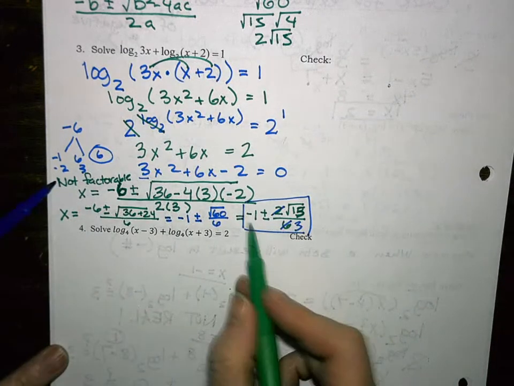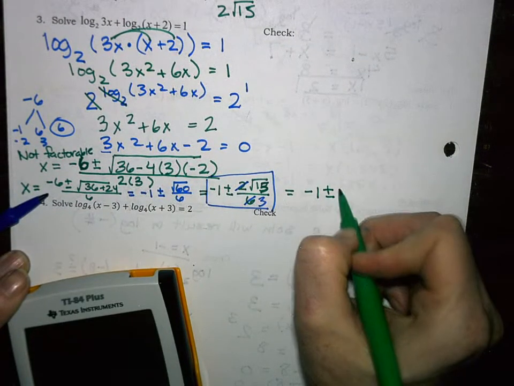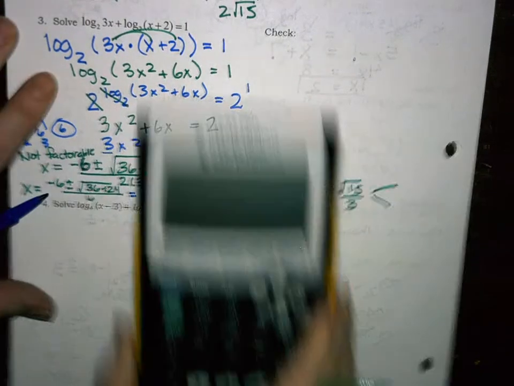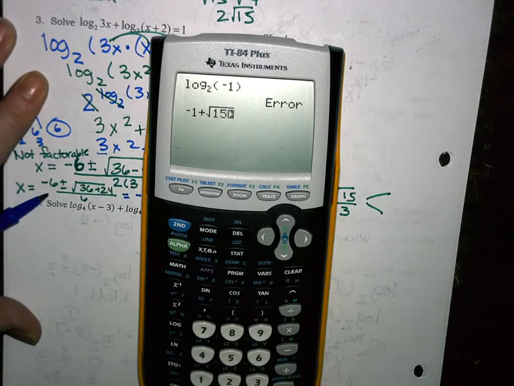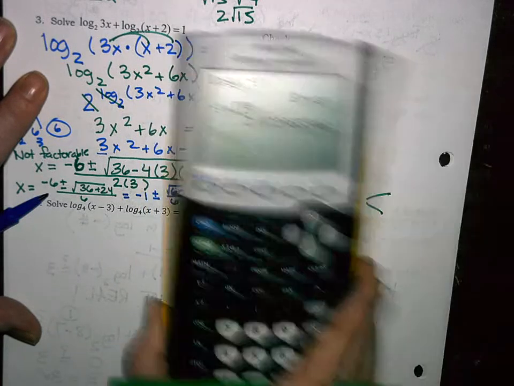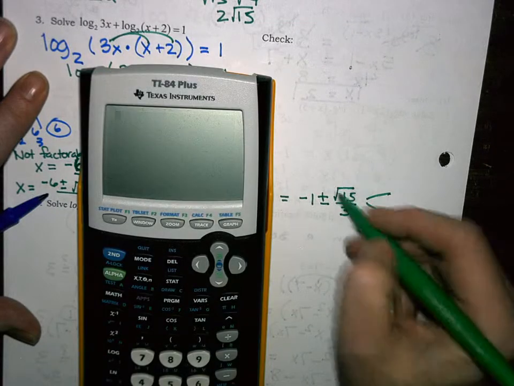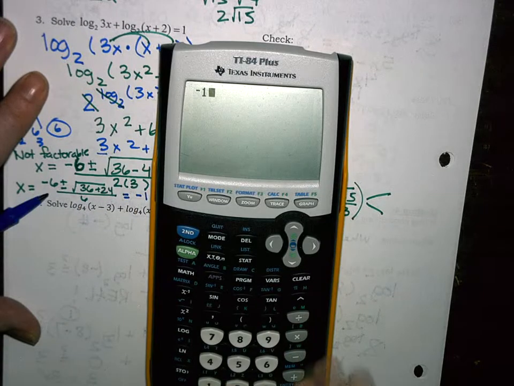Now, when I work this out on the calculator, let me write it again: negative 1 plus or minus the square root of 15 over 3. That's going to give me 2 answers, right? So I say negative 1 plus the square root of 15, and I'm going to divide that, wait a minute, what did I do? I need to make sure that this is in parentheses.